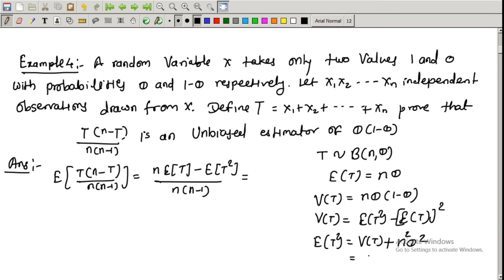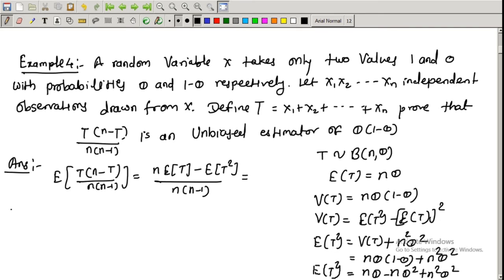And what is the variance of t? That is n theta into 1 minus theta plus n square theta square. So if you take this term inside, you will get n theta minus n theta square plus n square theta square. So this is your expectation of t square, correct?